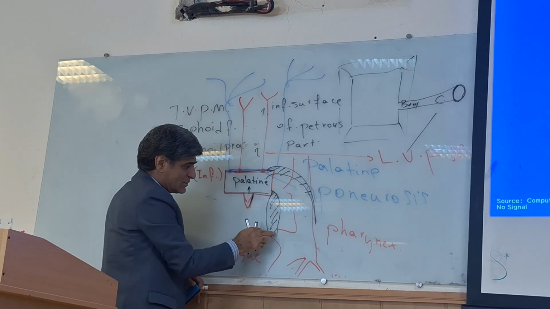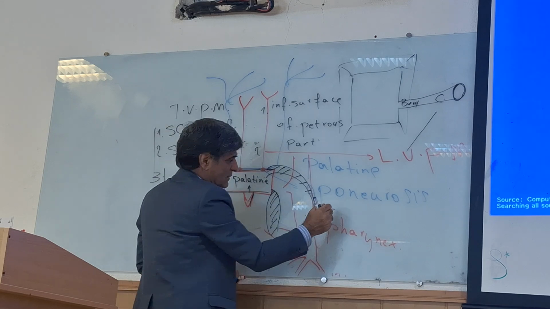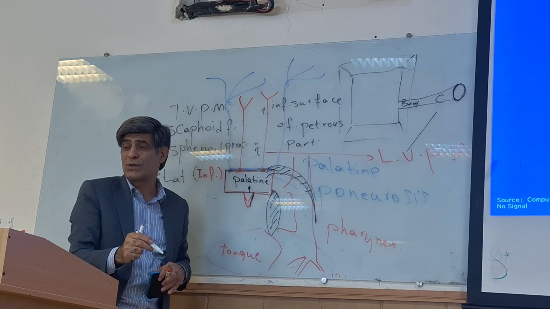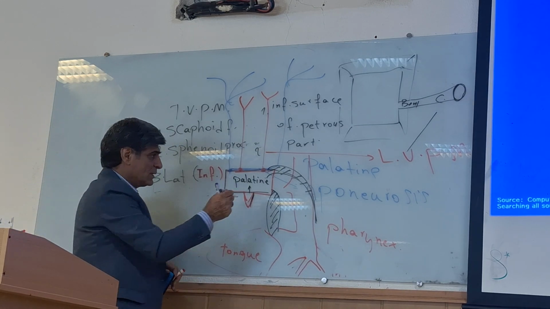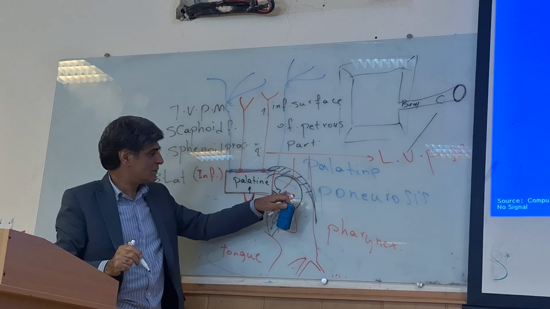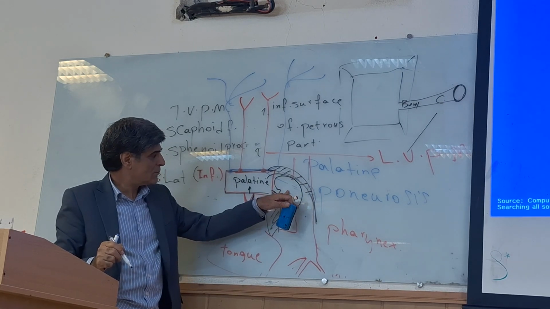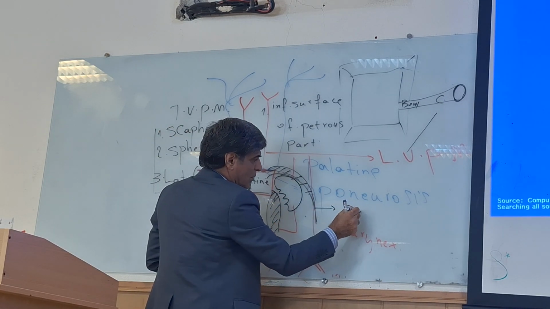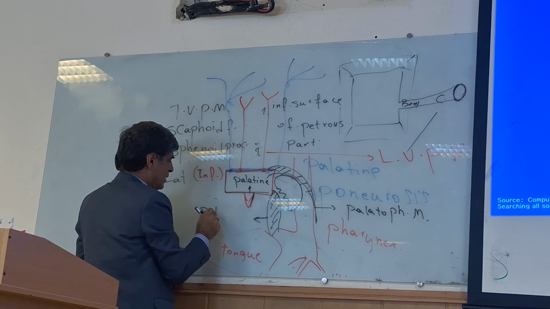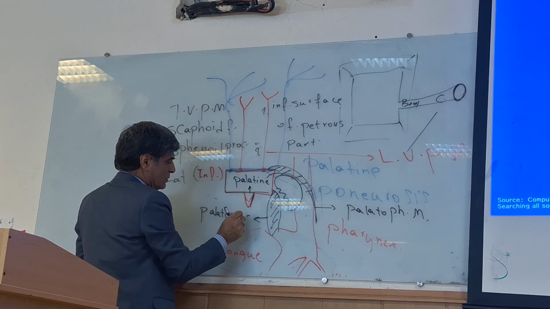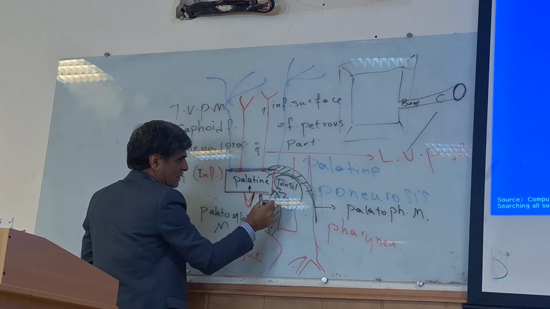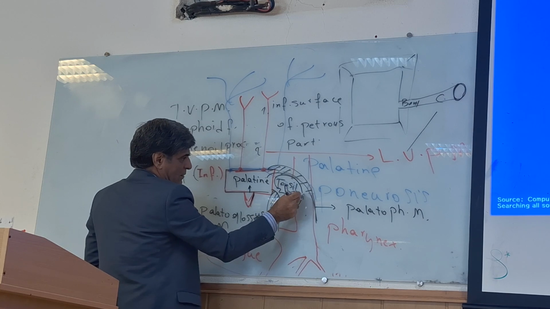Origin palatine, insertion tongue. Between the palatopharyngeus and palatoglossus, which structure is located? The tonsil. Between the palatopharyngeus muscle and the palatoglossus muscle lies the palatine tonsil. Okay.